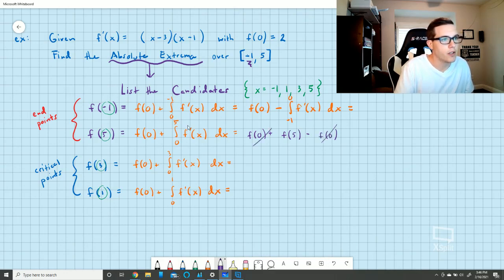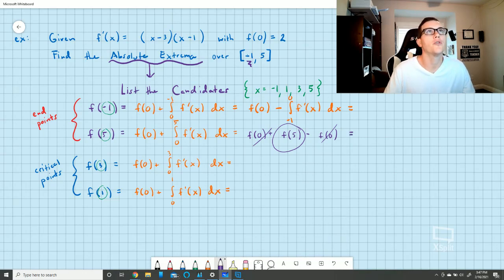And then these two cancel, which leaves me with this. That's why this calculation works the way it does. But again, we don't really need to think about that when we're dealing with Desmos. We let Desmos find the antiderivative and evaluate it for us.